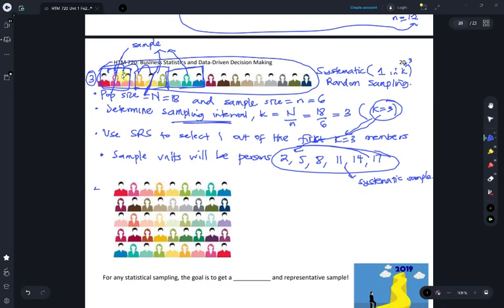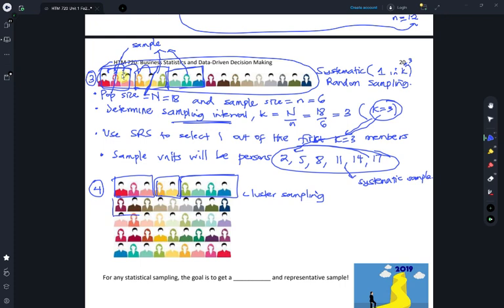Then finally, we have another random sampling process called cluster sampling. This sampling technique advocates for first subdividing the entire population into clusters or subunits, which might not be of the same size, and in each cluster, they might not have similar characteristics.